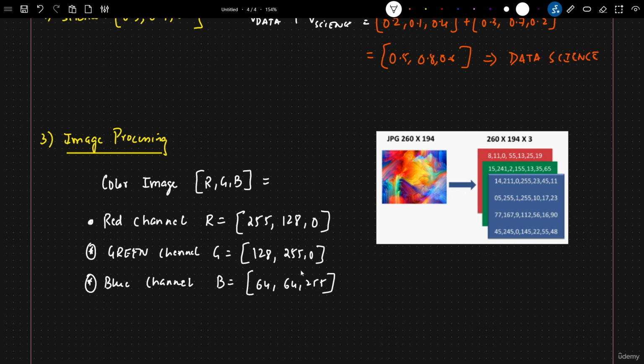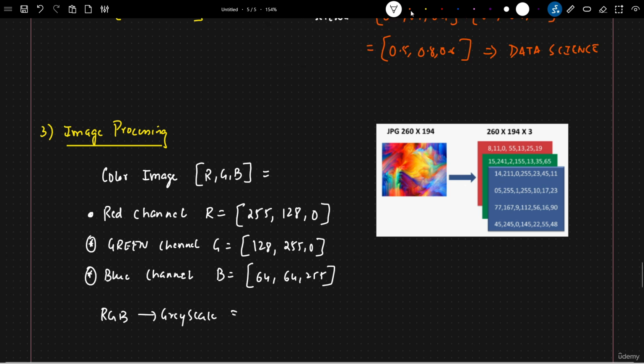Now, if I want to convert this RGB image into grayscale, basically black and white, I need to combine all three pixels together. To combine, I can just add them up: 255 plus 128 plus 64, then 128 plus 255 plus 64, then 0 plus 0 plus 255.